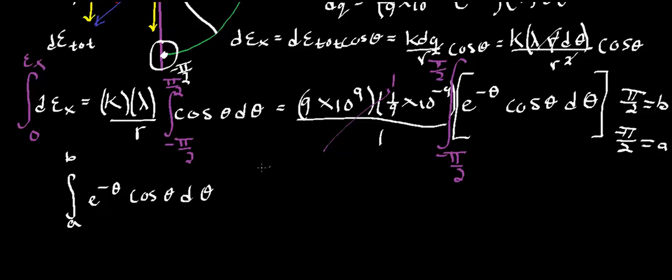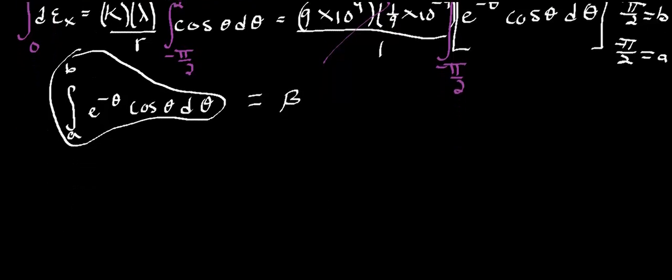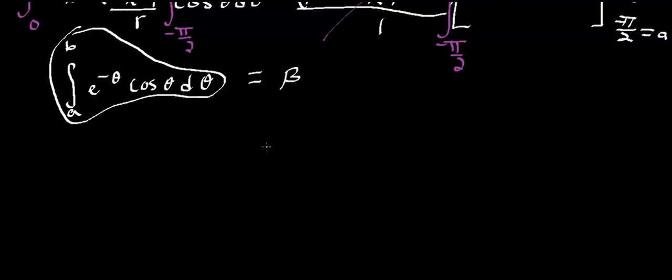We can do this any way we want, but let me define this integral as beta. You'll see why I do that in a minute. So that integral, all this business right here, this is just beta. Well, now let's pick our substitutions for integration by parts. Let u be equal to e to the negative theta.